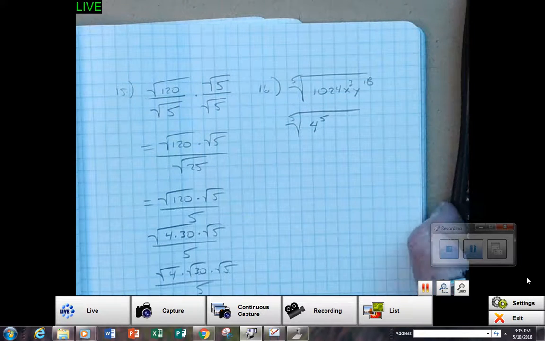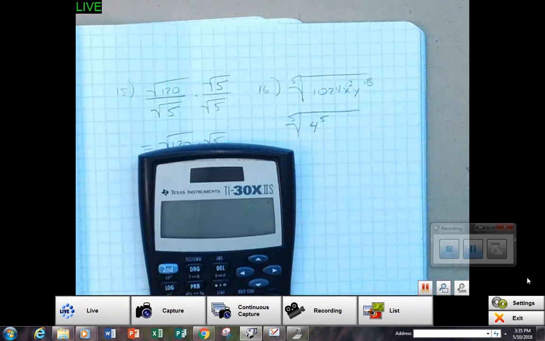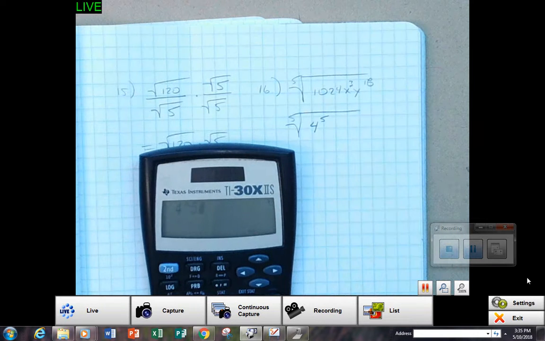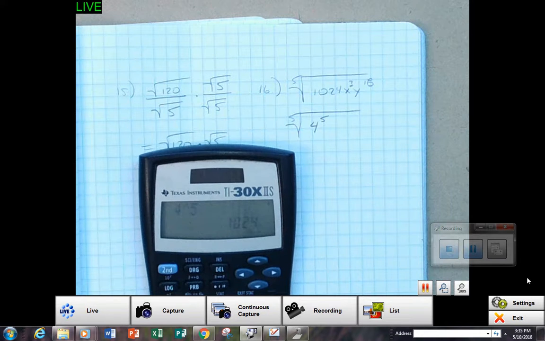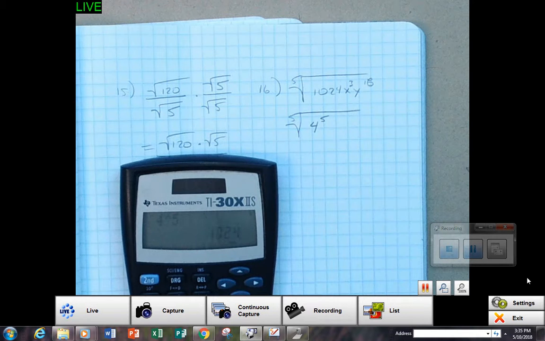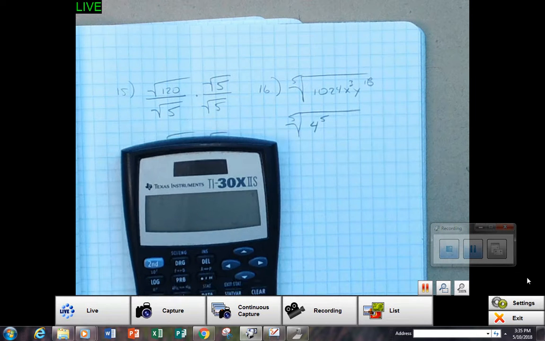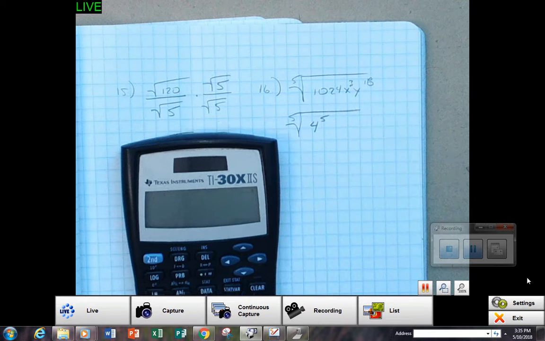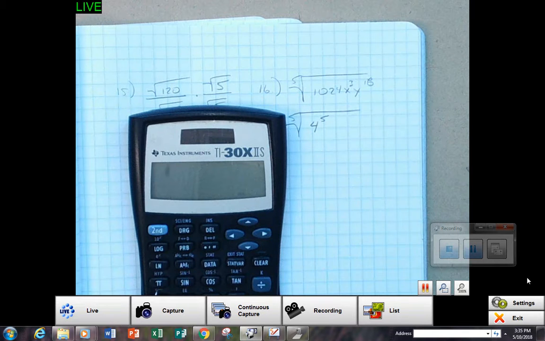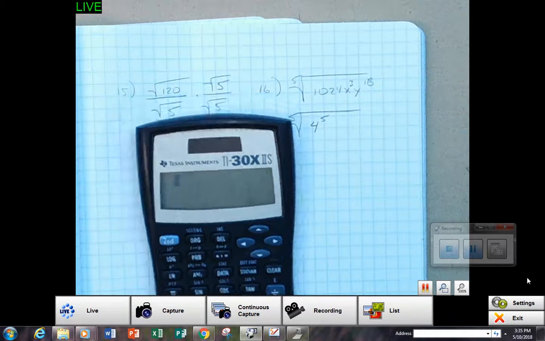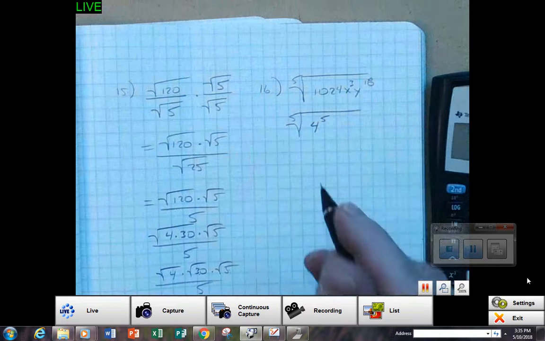Because if you do 4 to the 5th power, that is 1024. You can use the little root button on the calculator to take the fifth root. So again, that gives you 4 to the fifth.